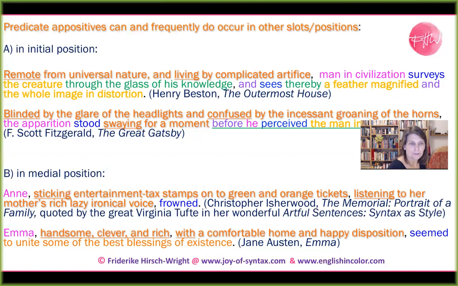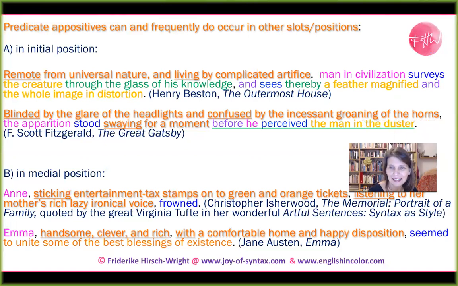In medial position: Anne, sticking entertainment tax stamps on the green and orange tickets, oops, and now you can't see that, I hope, listening to her mother's rich, lazy, ironical voice, frowned. That's an interesting thing. Here we have a very short main clause, which has been split in half and then has been interrupted by these two very large predicate appositives.